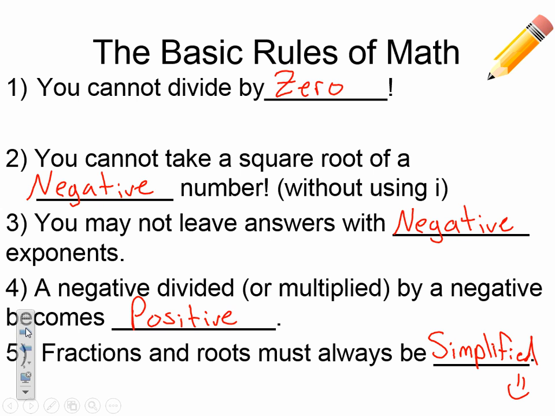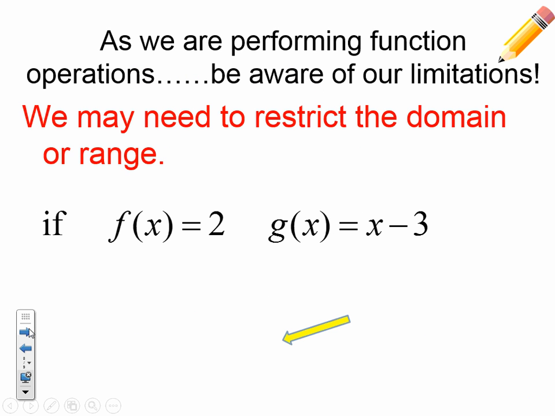All right, ladies and gentlemen, we are moving on. Here we go. Also, when we're performing function operations, it's really important to be aware of our limitations. We're going to be talking about our restrictions on our domain and our range.